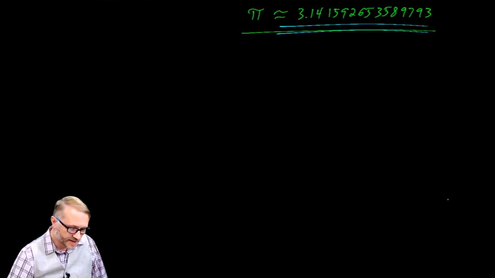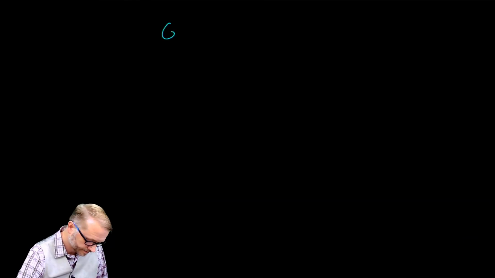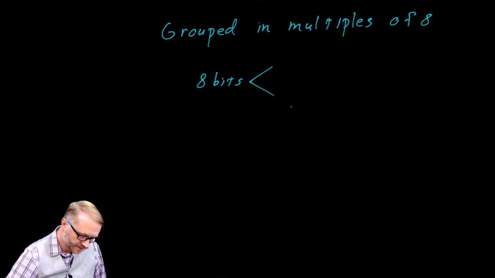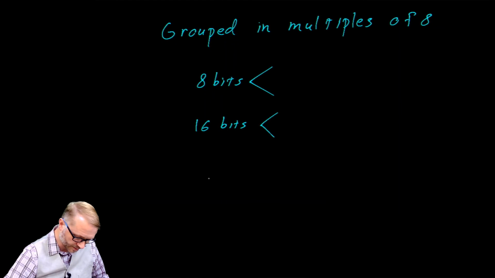For a variety of reasons, you'll find that our memory is grouped in multiples of 8. We have 8 bits, and there are 2 different types that are stored with 8 bits. We have 16 bits with 2 different types. 32 bits, we need more room for that. 32 bits, and there are 3 types.